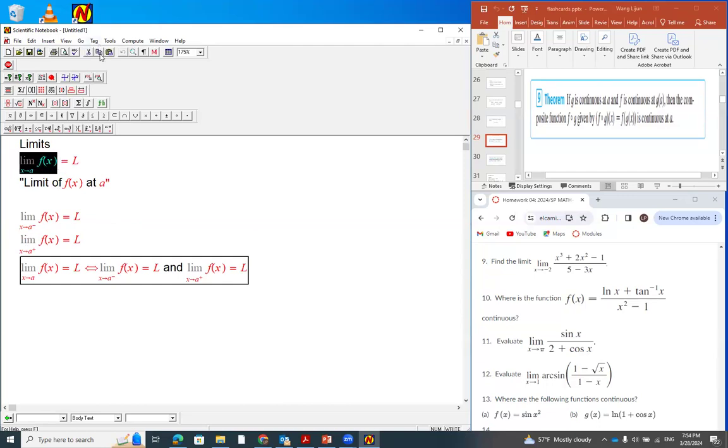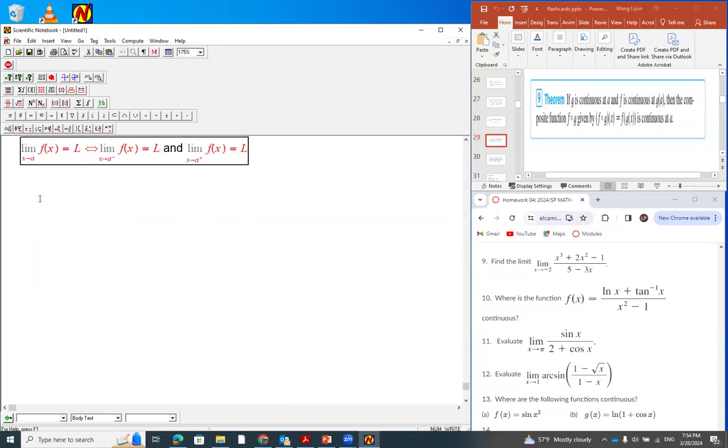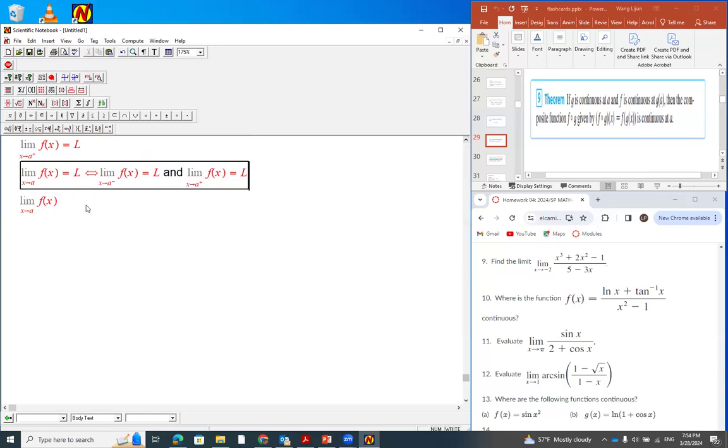Okay, so over here, I'm going to borrow this notation, and I'm going to take this question per se. It says find the limit, and x approaching pi.